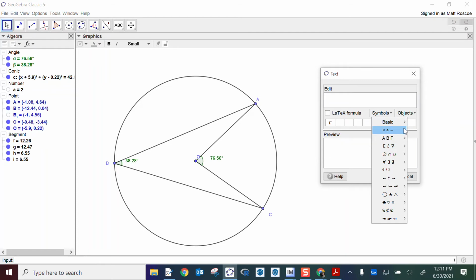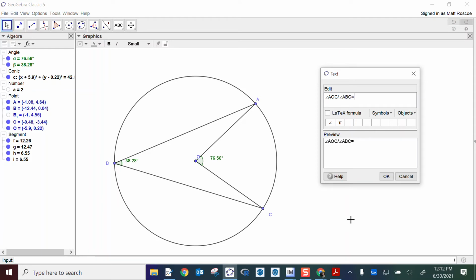Sometimes these are hard to find. Did I pass it already? There it is. So angle AOC divided by, and then symbol again, angle ABC.